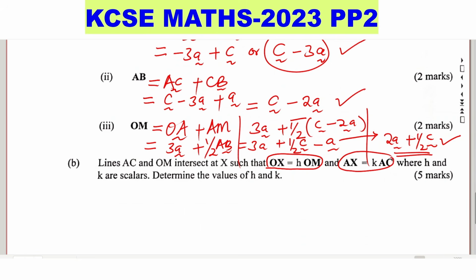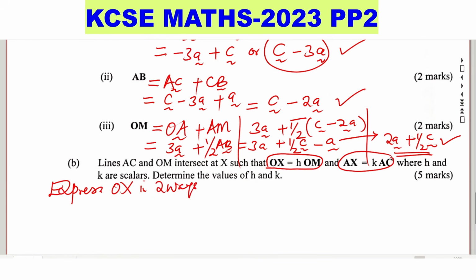Looking at these vectors given, OX and AX, we can use those two vectors to express one vector in two different ways. And the vector that we can express in two different ways is OX. So you have to express OX in two ways.